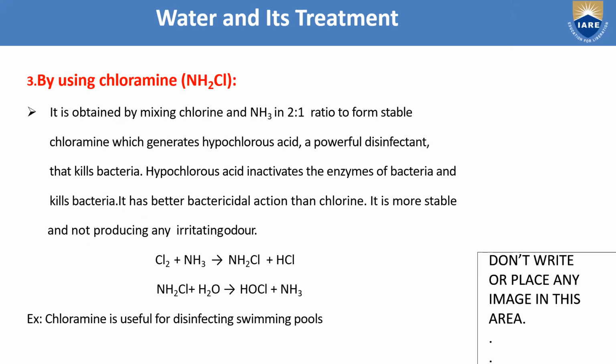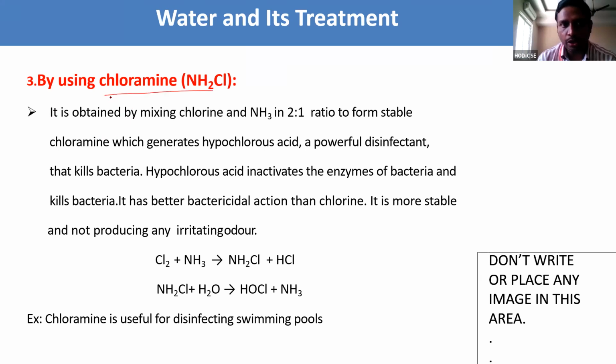Next method. In disinfection we have discussed boiling and chlorination, including bleaching powder. The third one is by using chloramine. How do we get chloramine? It is obtained by mixing chlorine with ammonia.